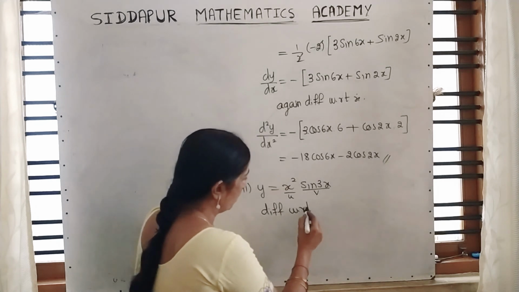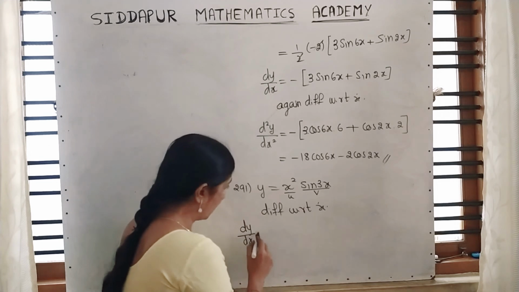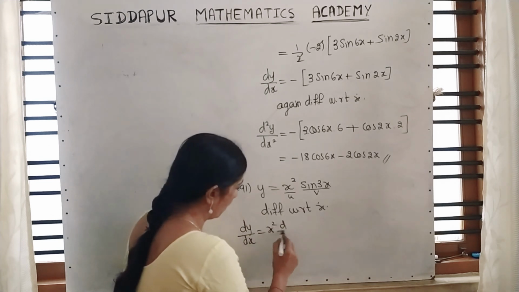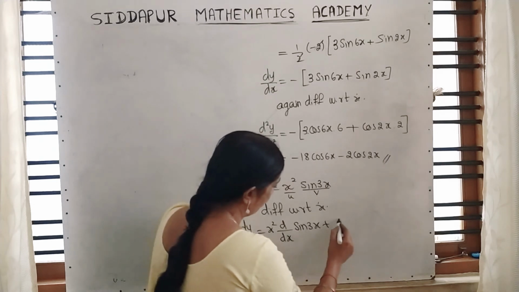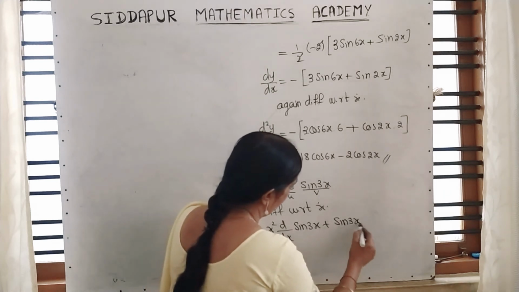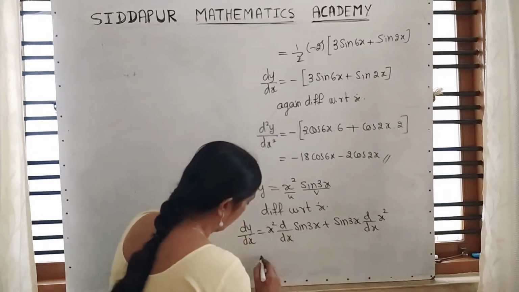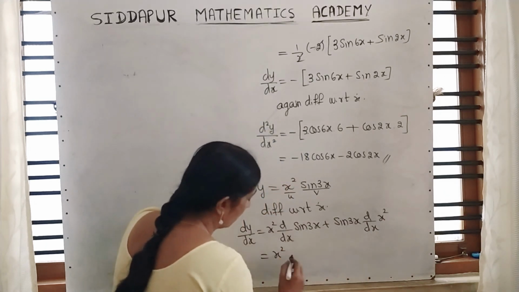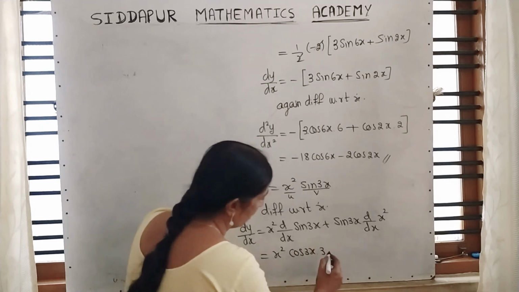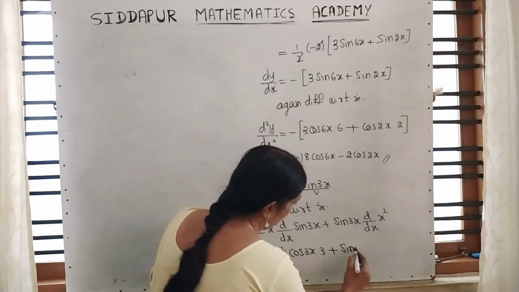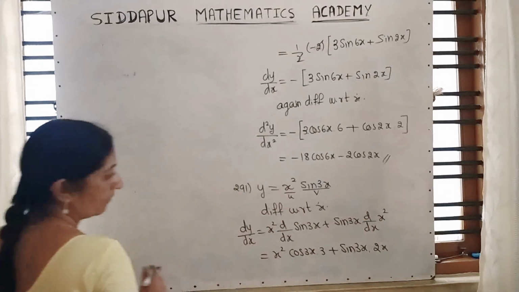Differentiating with respect to x, dy upon dx is x square as it is, differentiation of sin 3x plus sin 3x, differentiation of x square. Keep x square as it is. Differentiation of sin 3x is cos 3x into 3 plus sin 3x as it is. Differentiation of x square is 2x.